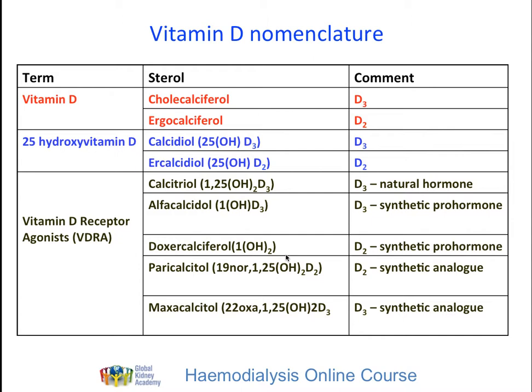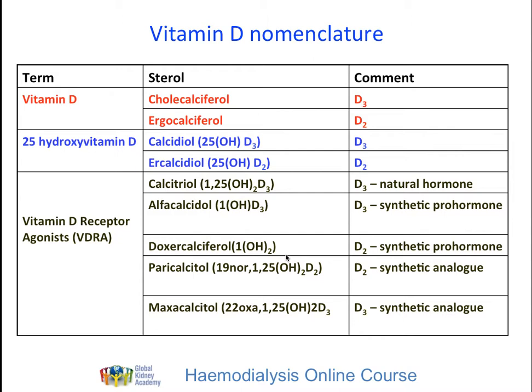And then the 25-hydroxyvitamin D can either be 25-hydroxylated cholecalciferol, so that's calcidiol, or 25-hydroxy ergocalciferol, which is 25-hydroxylated vitamin D2. And then that's activated to produce calcitriol, which is the natural activated vitamin D.